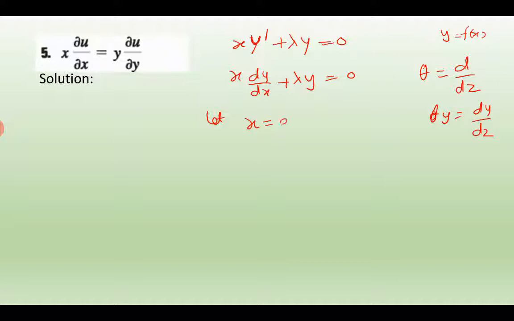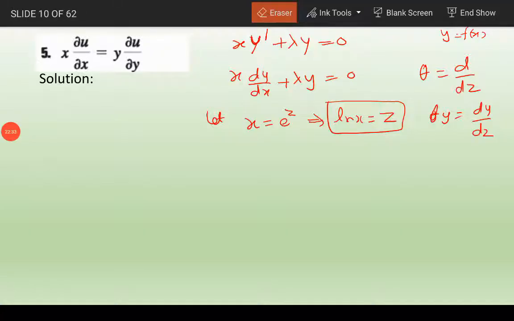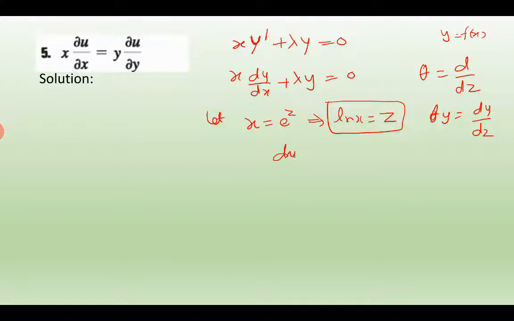Now let x is e power z, which will give you ln x is equal to z. We are changing the variable. So when you want to find dy by dx, y is a function of z and z is a function of x.